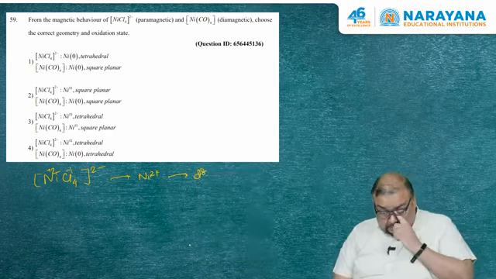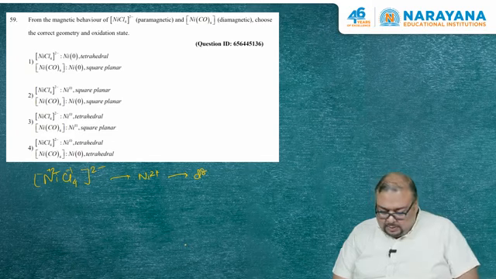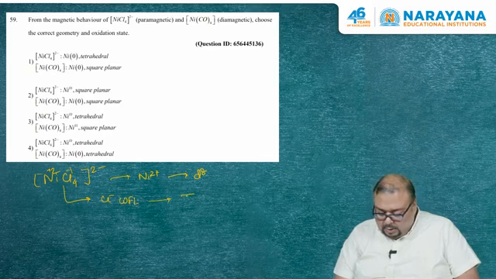Now this is a tetrahedral complex because Cl minus is a weak field ligand. So with coordination number 4, you will get a tetrahedral complex.